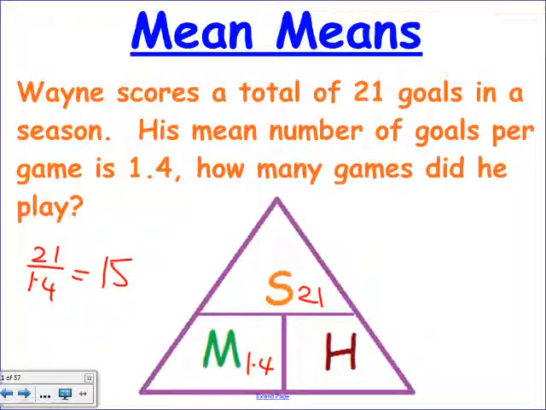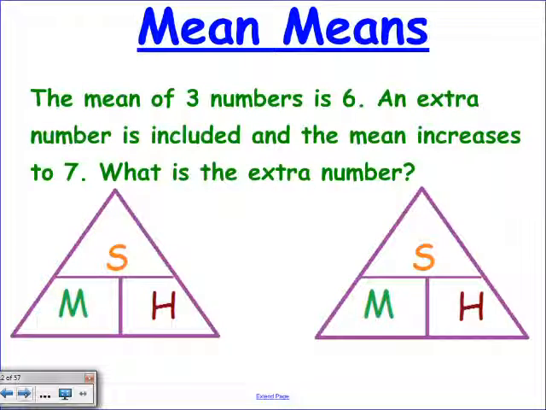Can everyone see how our mean triangle works? Yeah? This is going to help you with those nasty questions that we did yesterday. So let's show you another question that we did yesterday, but let's use our mean triangle. And you don't have to have one triangle, we can have two. They're the same thing. So here, because we're changing our mean, I'm going to use two triangles.